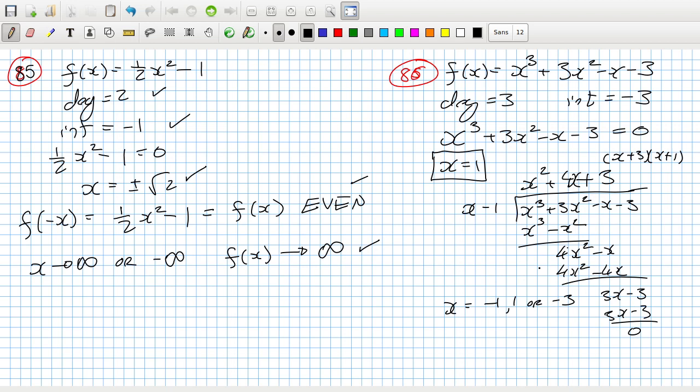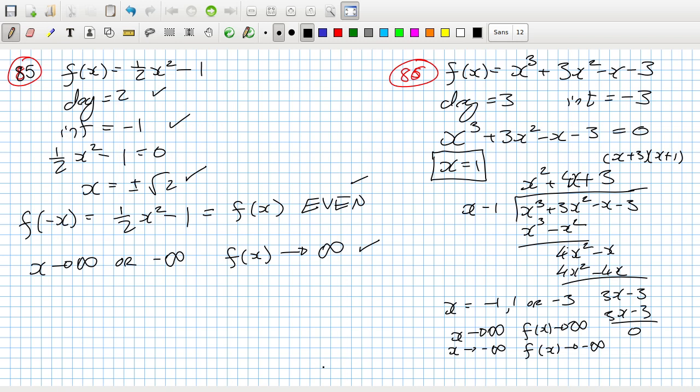And then the end behavior, when x goes to infinity, this function, the cubic term, dominates, and that will go to infinity. And when x goes to minus infinity, the cubic term dominates, and that will go to minus infinity as well. It's cubed, the sign is preserved. And lastly, is it even, odd, or neither?